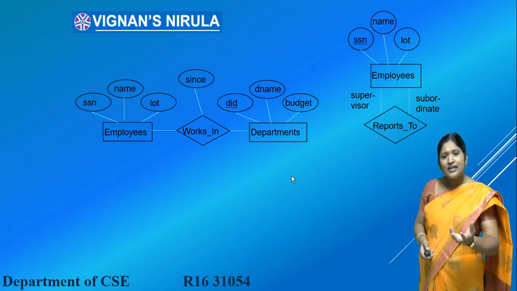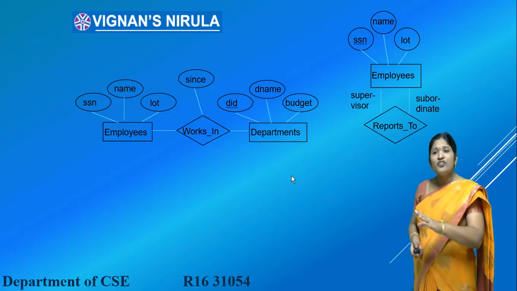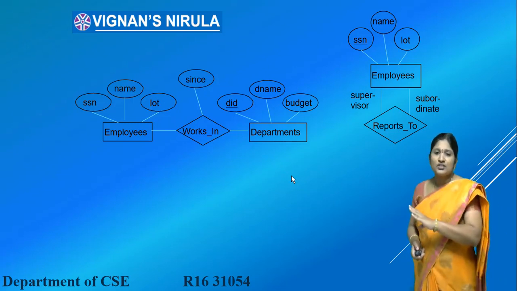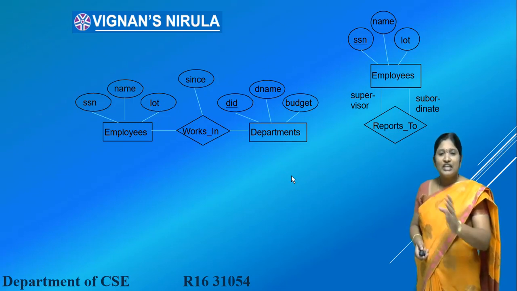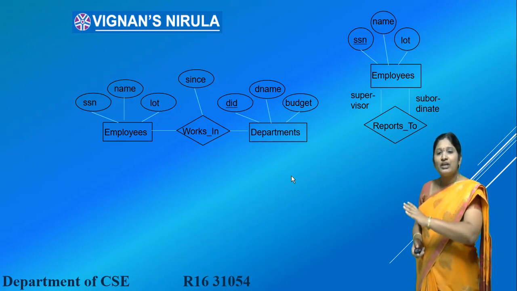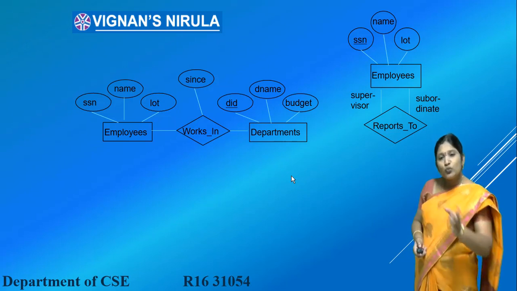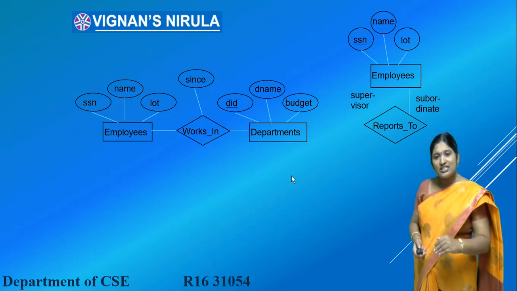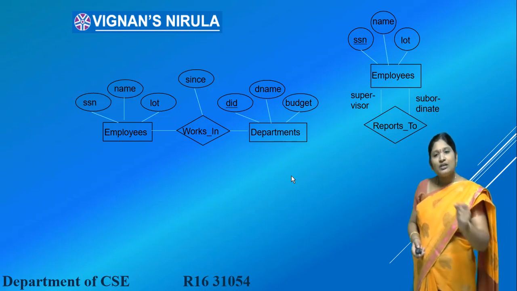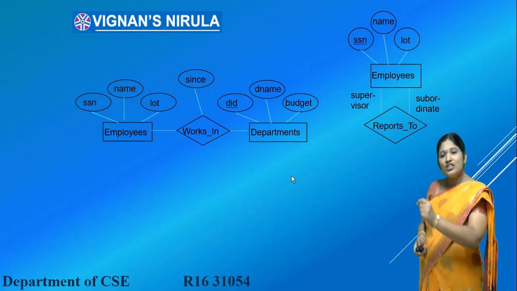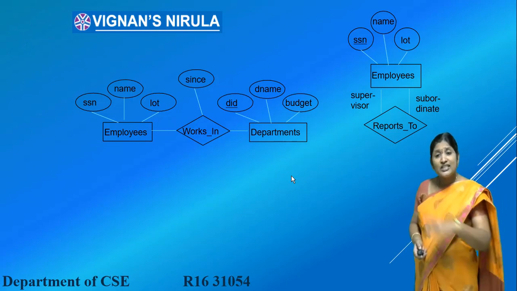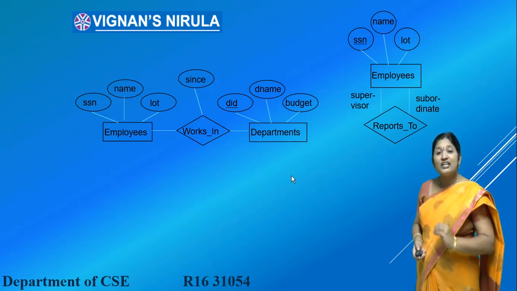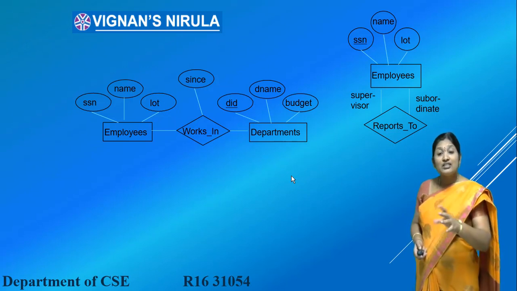That means there exists a relationship between employees and employees. What is the kind of relationship? E2, E3, E4, E5 are supervised by E1, or otherwise you can say that E1 supervises E2, E3, E4, E5. So here there exists a supervisor and subordinate relationship between the same entities.